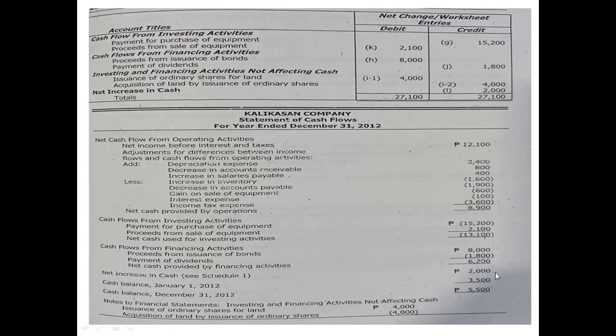Here there's an increase in 2,000. So you sum this up: the net cash provided from operations, the net cash used for investing activities, and the net cash provided by financing activities. That's the increase in cash. And then you add that to the cash balance, and then you get the cash balance end.